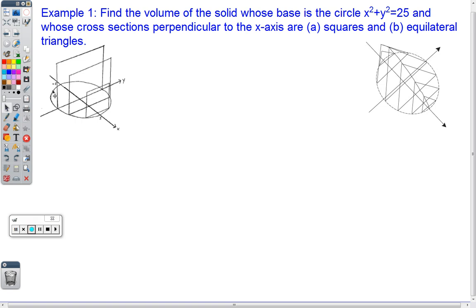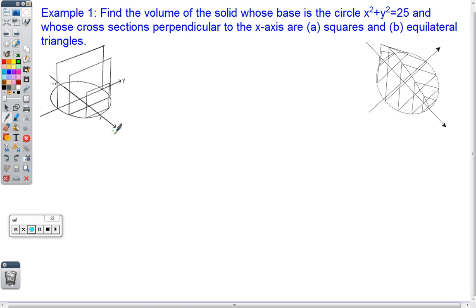Alright, let's give the problem a try. The idea is to use what we know about these volume problems to build our answer. The first thing we're going to do is figure out the length of one of these sides.